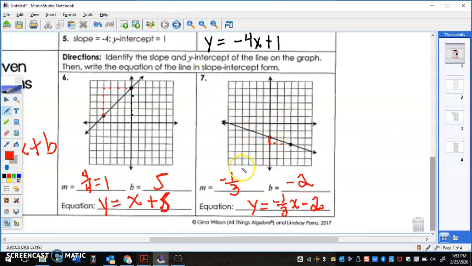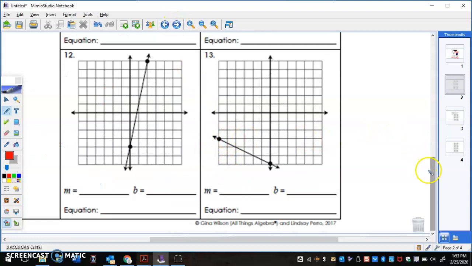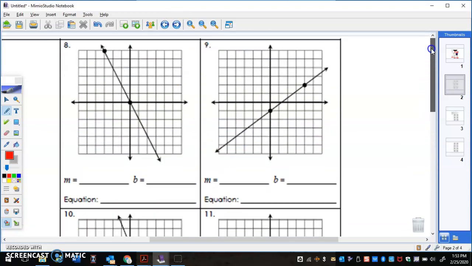We're basically looking at a line on a graph and finding the slope, the y-intercept, and then writing the equation using that information. So let's do 8 and 9 together, and then you're going to try the rest and check your answers with me. All right, y-intercept, where does it cross the y-axis? 0, which is the b, right? The y-intercept. The slope, let's see, 1, 2, 3, 4, 5, 6.